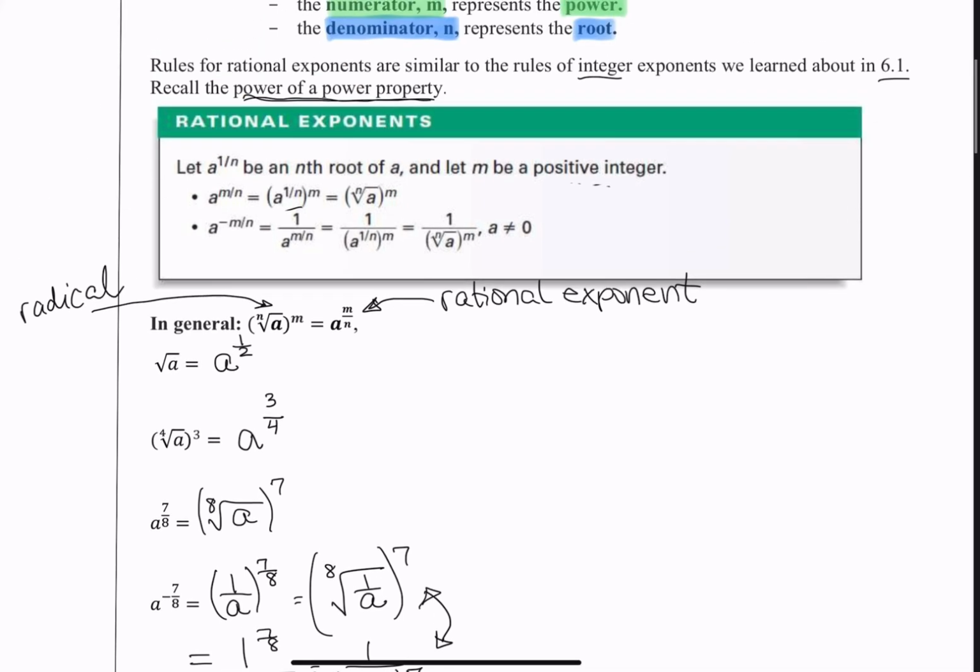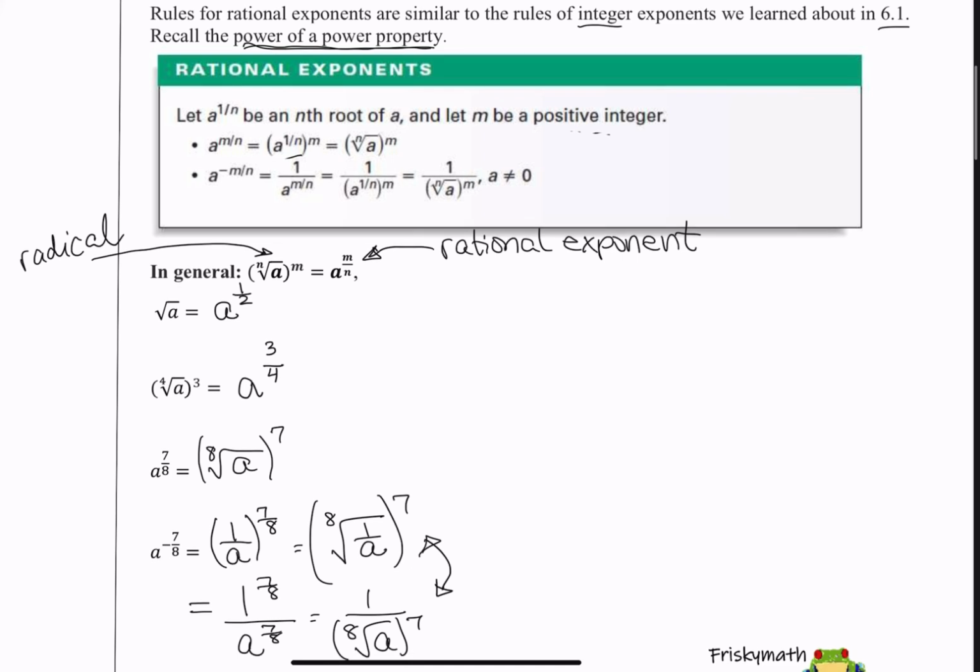Let's come back up to this box and show you all the different ways that you can write things. So your first bullet is just saying, hey, radical notation is the same as rational exponent notation.